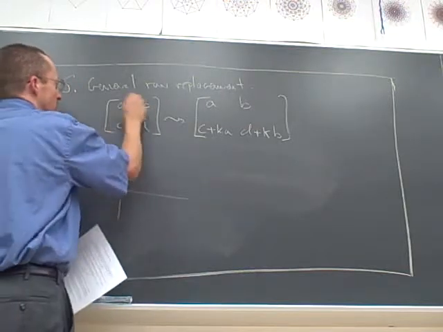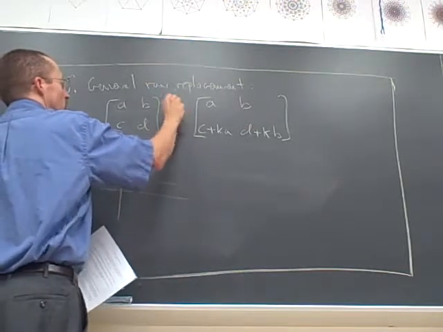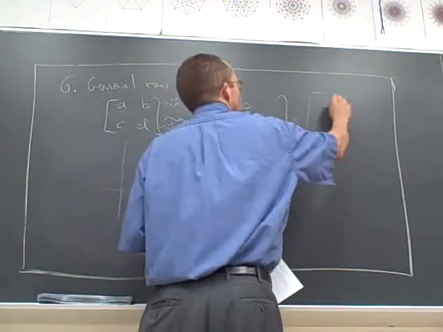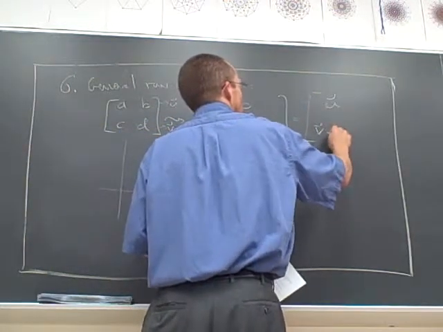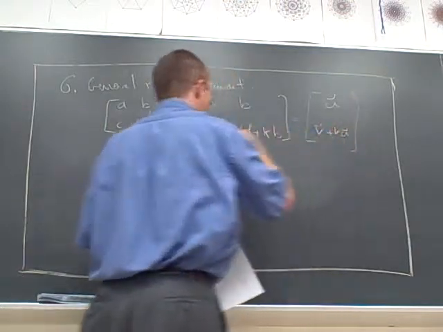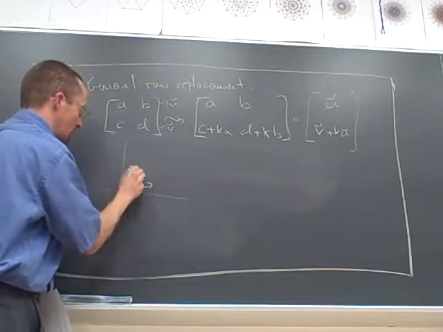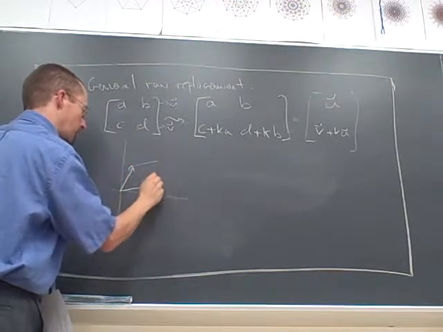Let's call that vector U, and that vector V. And so this is going to be U and V plus KU. Okay, so we start out with the UV parallelogram.